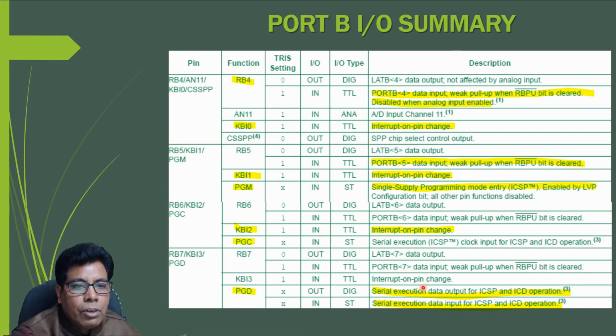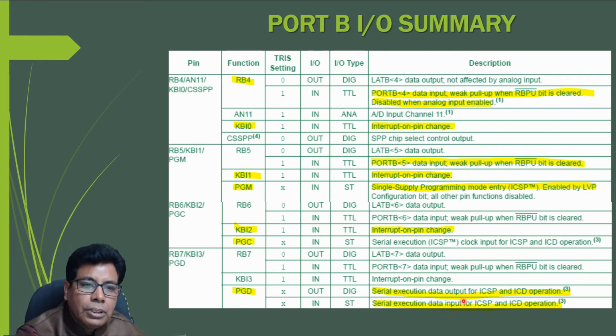So RB4 to RB7 are all used for interrupt on pin change, and RB7 is also used for PGD, that is serial execution data output and serial execution data input. So these are the functions of Port B.